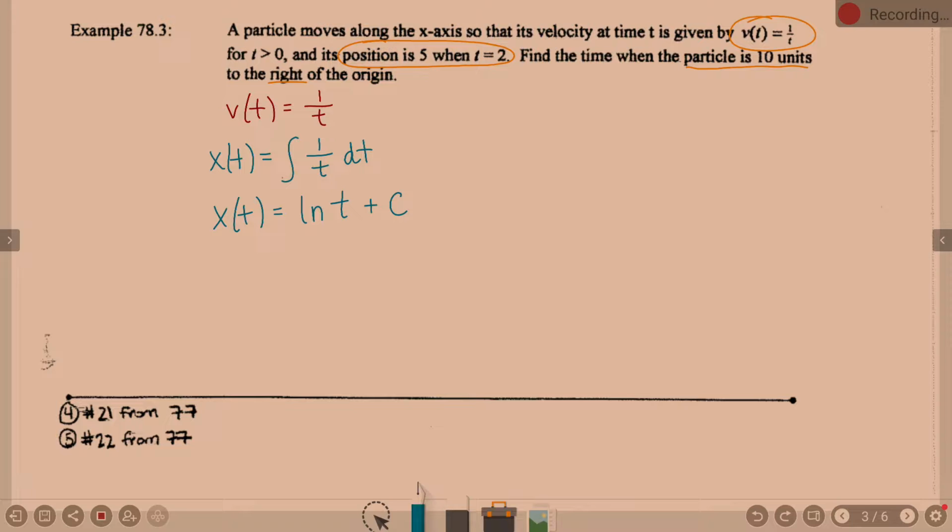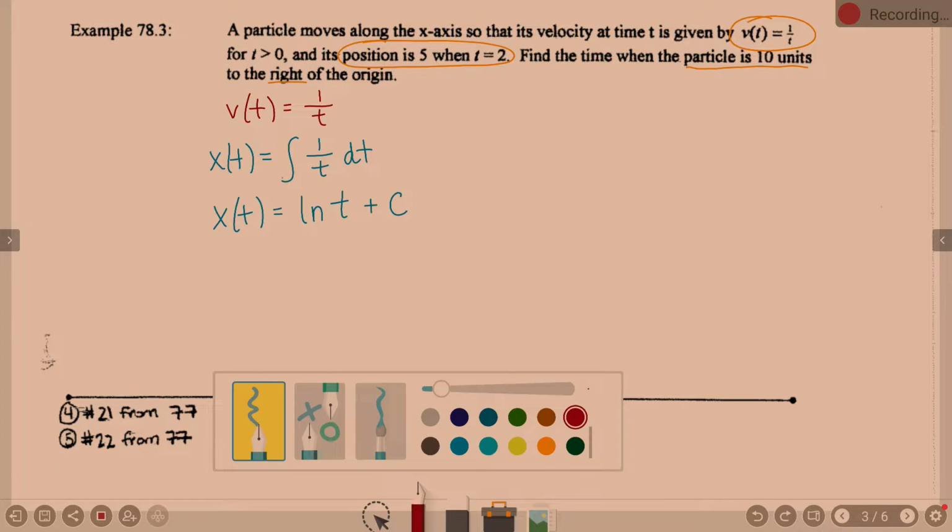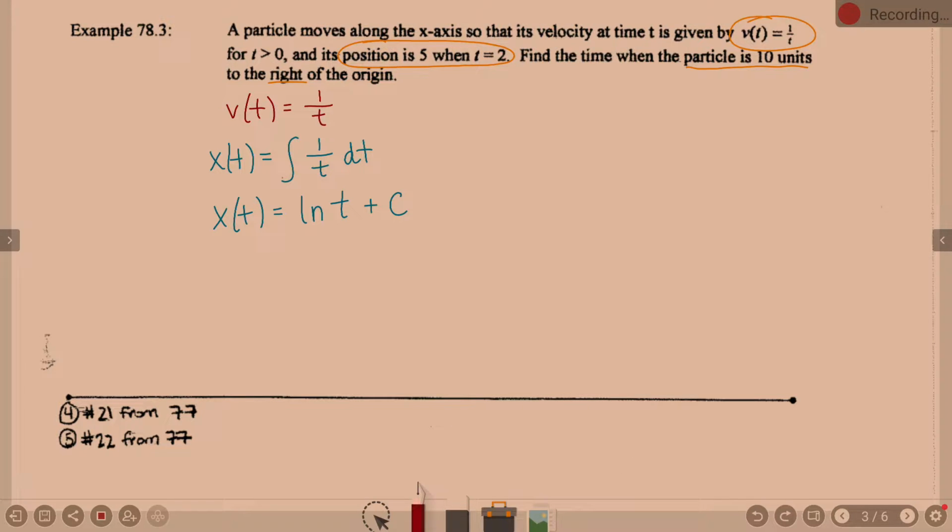Okay? Now, we were given a statement: position is 5 when t is 2. So we were just told that x of 2 is equal to 5. So the natural log of 2 plus c is going to be equal to 5.